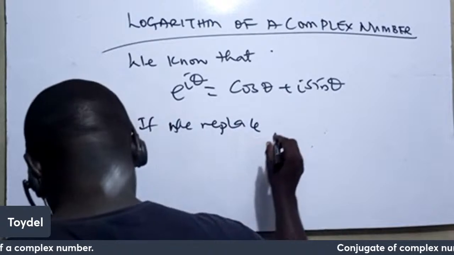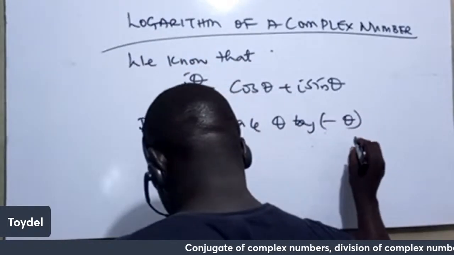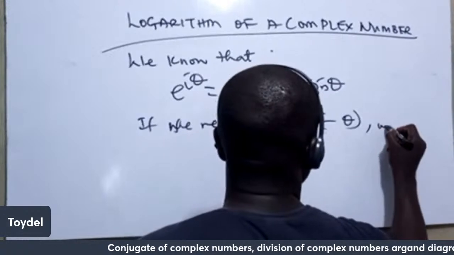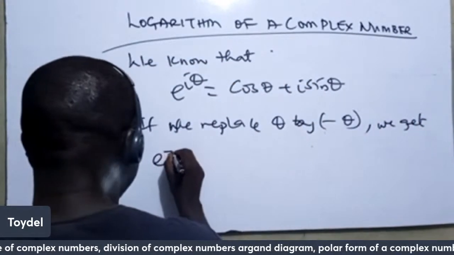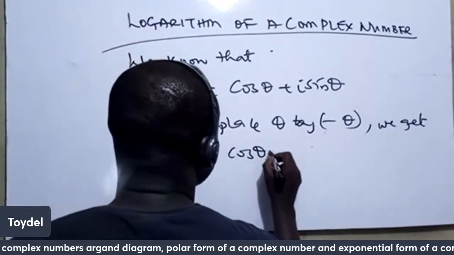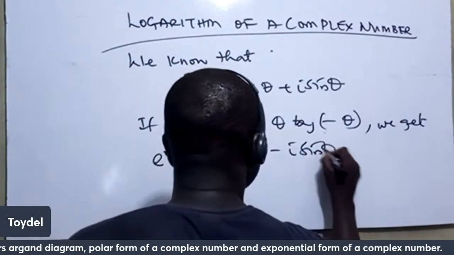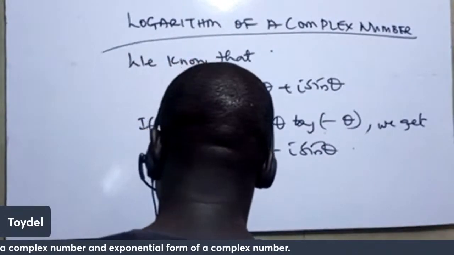If we replace θ by minus θ, then we get e^(-iθ) equal to cos θ − i sin θ.